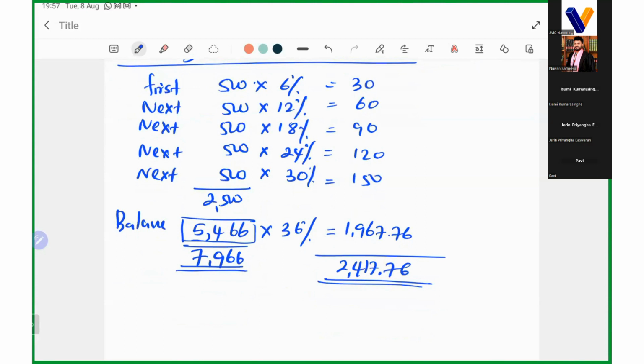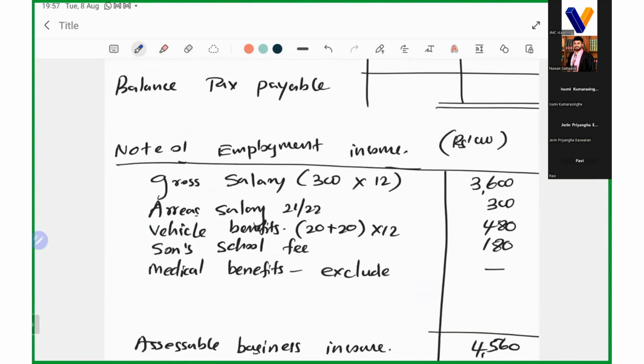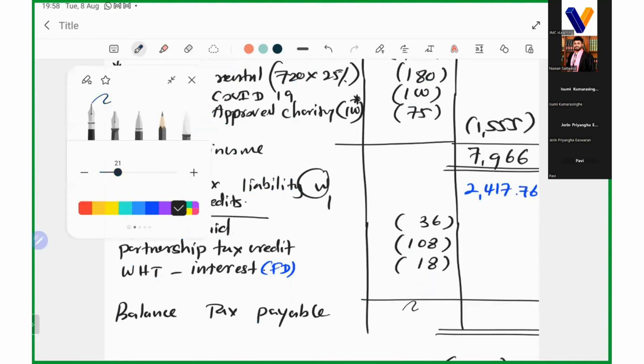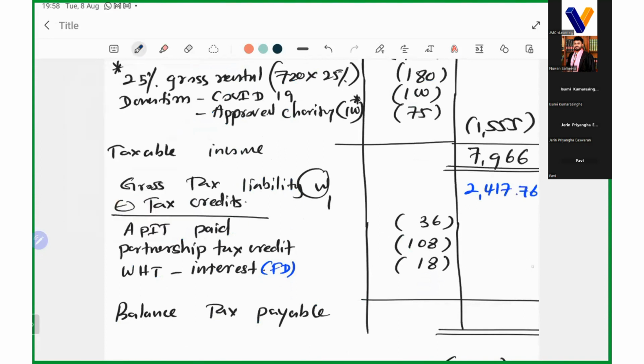This should be the gross tax liability. So here you can take the gross tax liability 2,417.76, right? So how much is the total tax credit available? Is that 162?